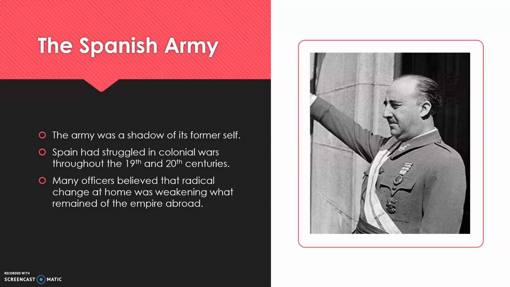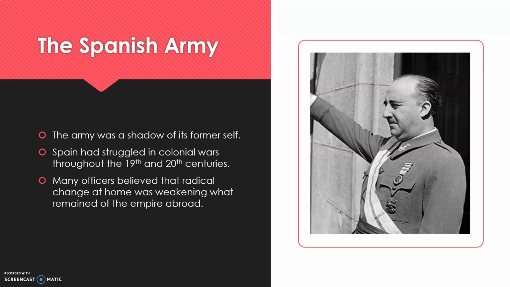It had lost the Philippines, it had lost Guam, it had lost parts of North Africa, and just within living memory at this time, it was fighting a desperate war in what is now Morocco to try and keep control of that last little piece of Spanish colonial territory.